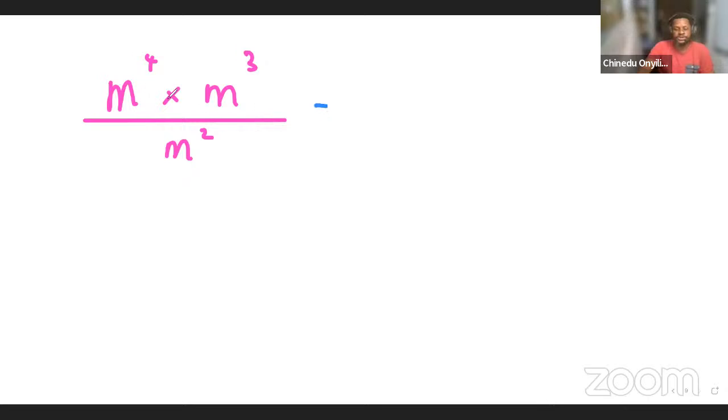So you take one m on the top and add 4 plus 3, which is 7, and divide that by m to the power of 2. Again, m to the power of 7 divided by m to the power of 2 have the same base. So you take one base and subtract the powers, 7 take away 2, which will be m to the power of 5. Pretty straightforward.